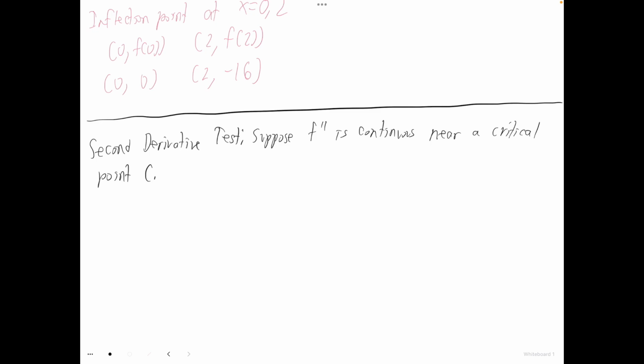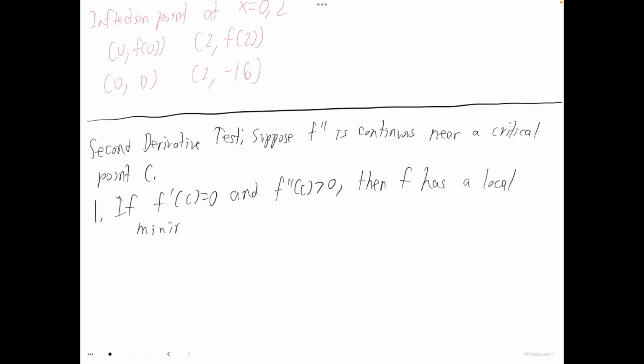Basically, that just means the second derivative doesn't have any holes or things around the point C. And so first, if f prime of C equals 0, which is part of being a critical point, and the second derivative is greater than 0, then f has a local minimum at C.